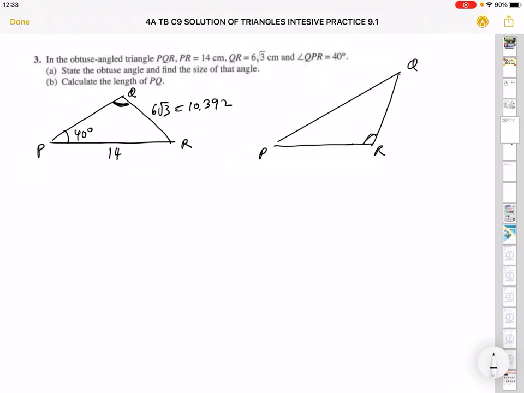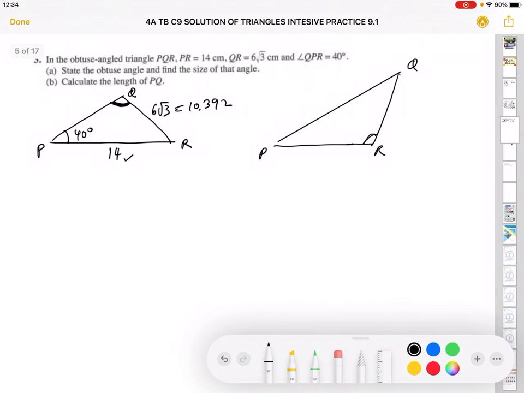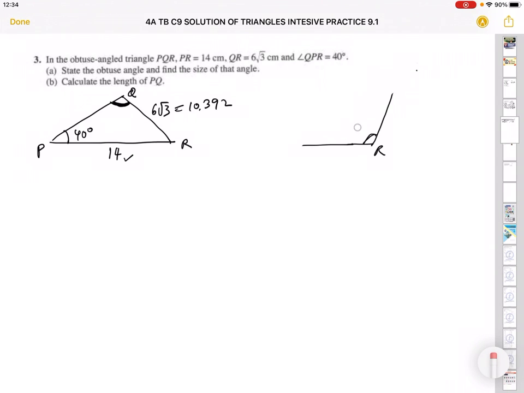They say state the obtuse angle and find the size. So the answer from the textbook is based on this, because we can say that since 14 is the longer side, but we don't know whether PQ can be longer than PR. That's the question. But I don't want to go too far and list out all the other possibilities, so I will just stick to this.